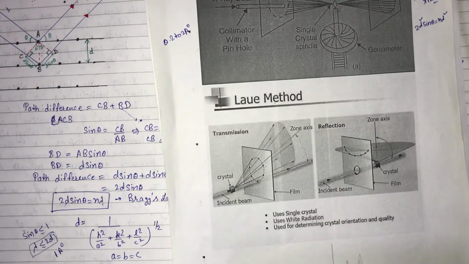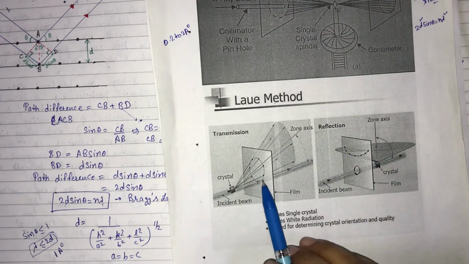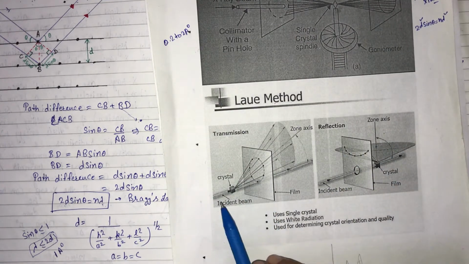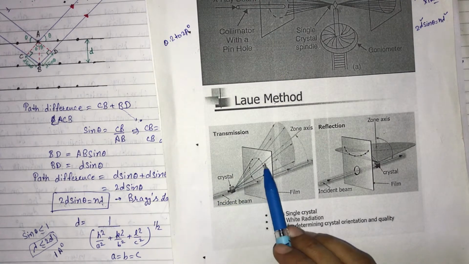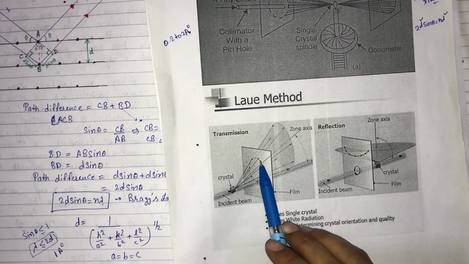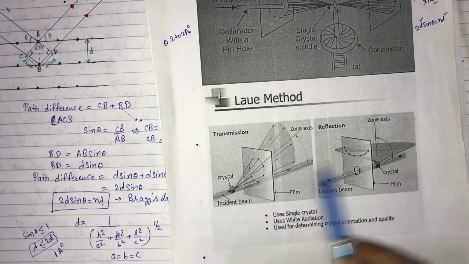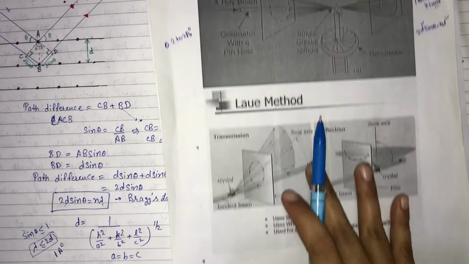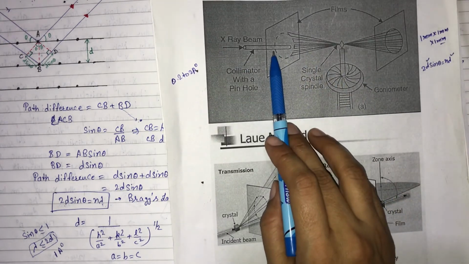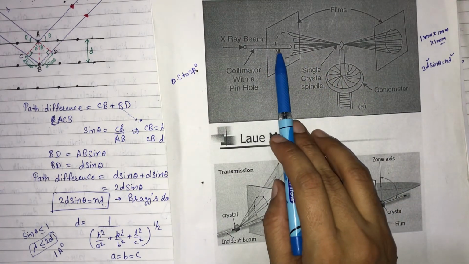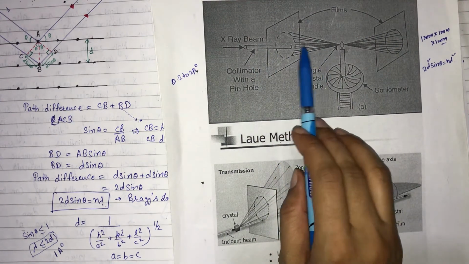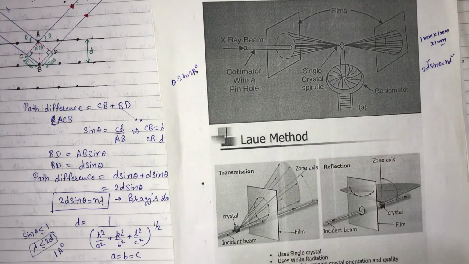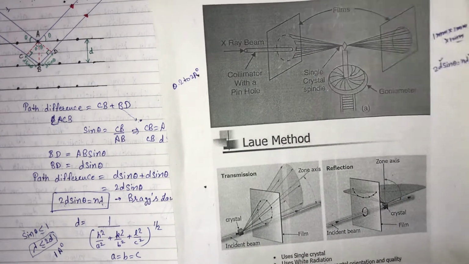In this picture, the first image shows transmission, where from this point the X-ray beam is incident on the crystal, and these spots explain the symmetry of this single crystal. The photographic film at this position is for the X-ray beams reflected from the single crystal. So the first experimental method is Laue's method.